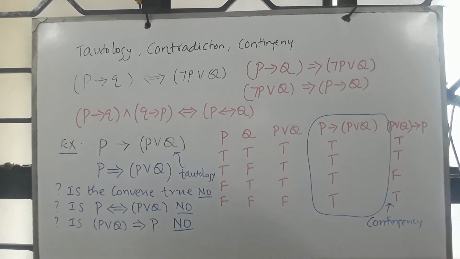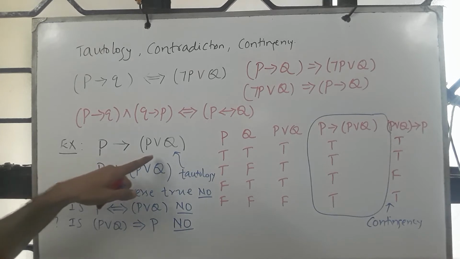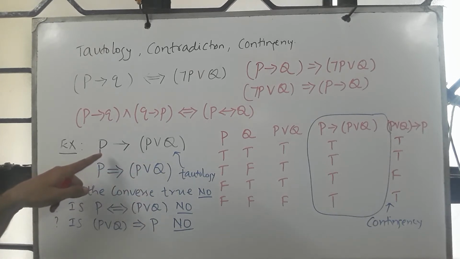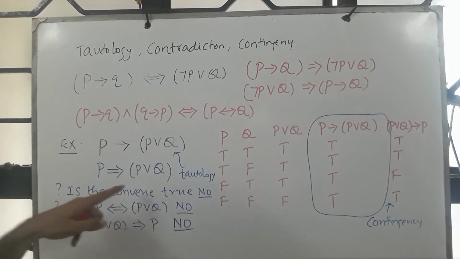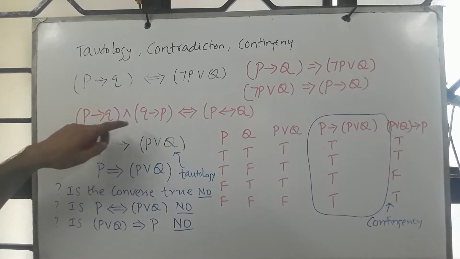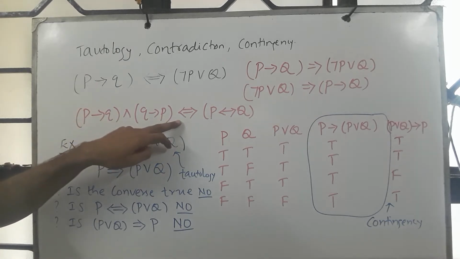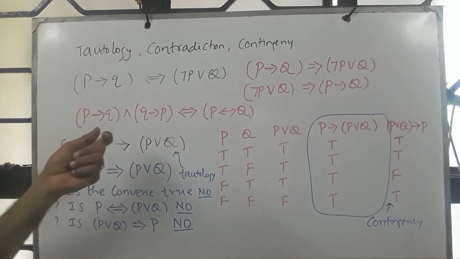So now there are expressions for which you can get only one part, for example, P implies P or Q, but the converse is false. So not all expressions are equivalent. Some expressions are only one way.